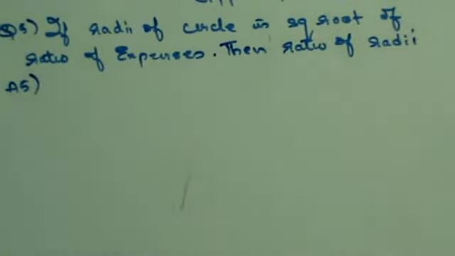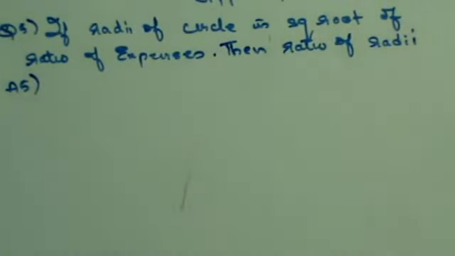Now, if you look at family A's expenditure, you will see that on miscellaneous and education, the expenditure is same. Family A has same expenditure on miscellaneous and education, right? Let's look at family B now. Family B has same expenditure on education and rent.